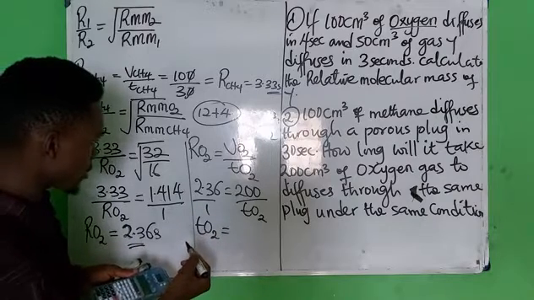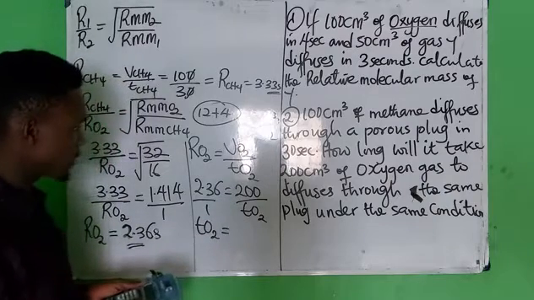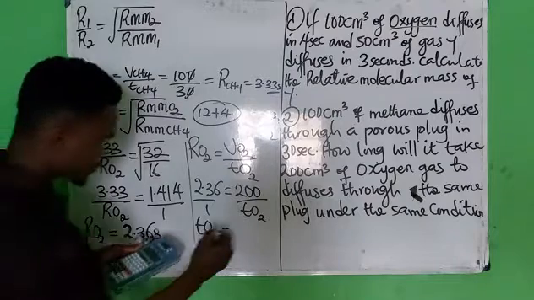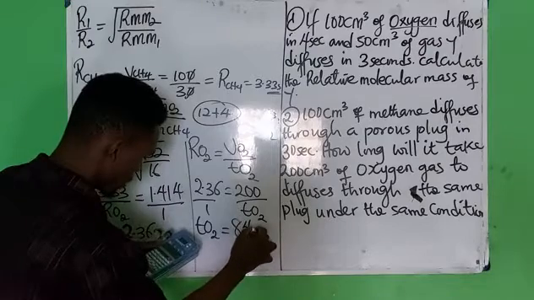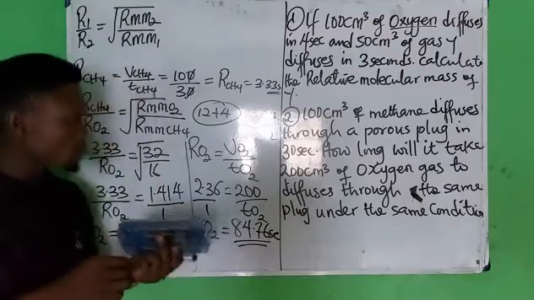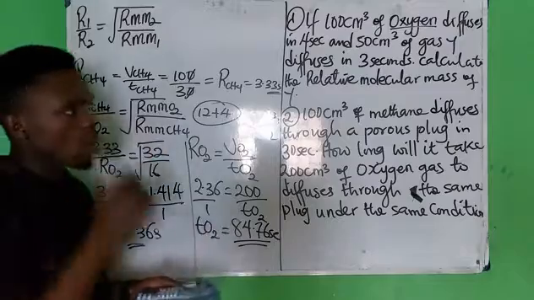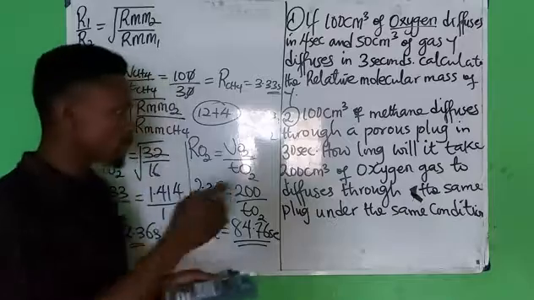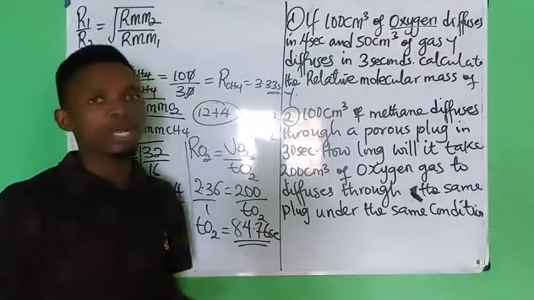That is 84.76 seconds approximately. Therefore, it will take 85 seconds for oxygen to diffuse through the same plug under the same condition, that is at constant temperature and pressure.